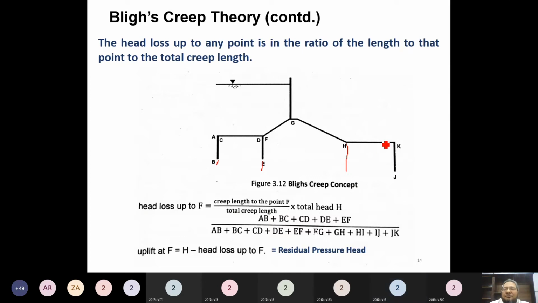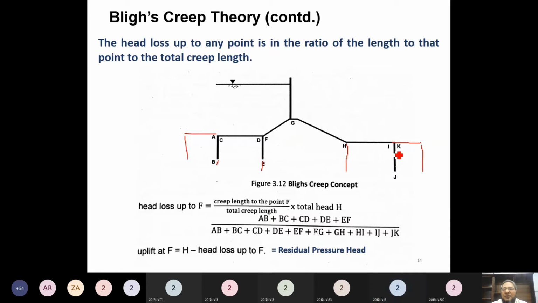Or can I increase the length of the upstream concrete floor and bring the sheet pile here? Yes sir. So I have many options. By any option, if I am increasing the length of the creep, it doesn't matter whether the length is increased by a sheet pile or by a concrete floor. The creep theory cannot distinguish between them, right?